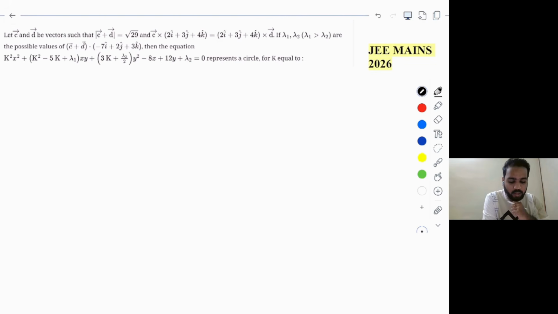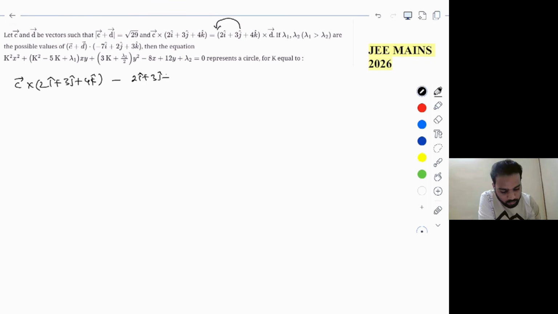Let C bar and D bar be two vectors such that modulus of C plus D is equal to square root of 29. And then one vector equation is given. So let's write down whatever is given. C bar cross 2i plus 3j plus 4k cap is equal to 2i plus 3j plus 4k cross product with d bar, and I will take that term to the left hand side and write down directly minus of 2i plus 3j plus 4k cross product with d bar is equal to 0 bar.